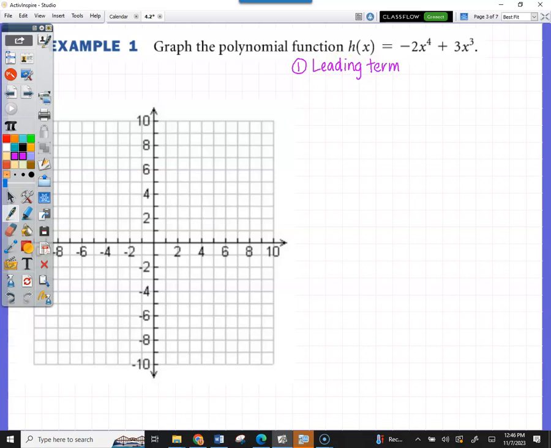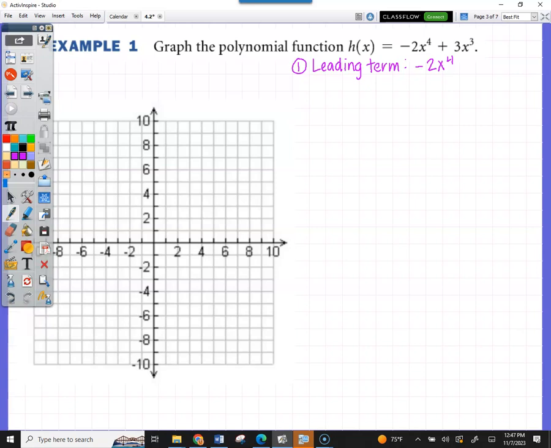What is the leading term of this polynomial? The whole thing, tell me. Negative 2x to the 4th. There are 2 takeaways just by looking at that leading term. It's an even degree, which means same end behavior, like a quadratic. It's either both up or both down.